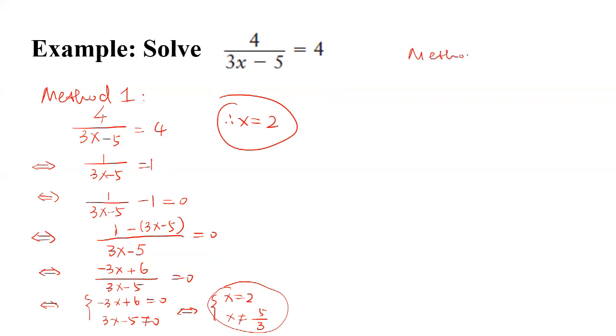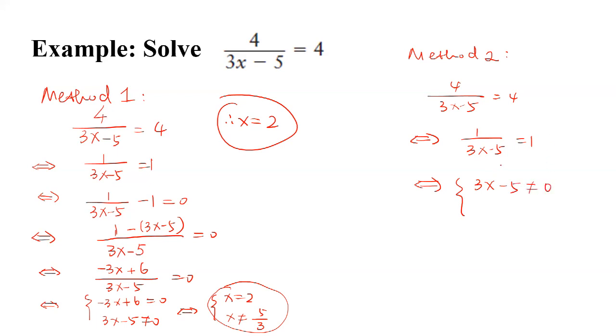Let's have a look at the second method. The original expression is this. Again, first let's simplify this equation by dividing both sides by 4. This is equivalent to, first, controlling that the denominator cannot be 0. As long as you ensure the denominator is not 0, we can use the cross product, so 3x minus 5 is 1.